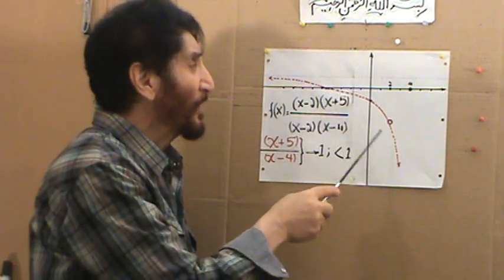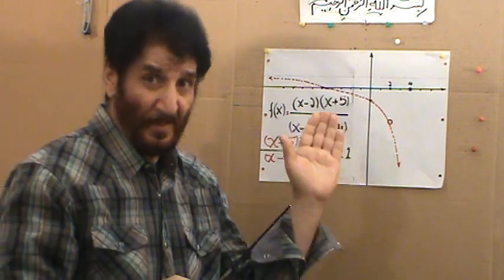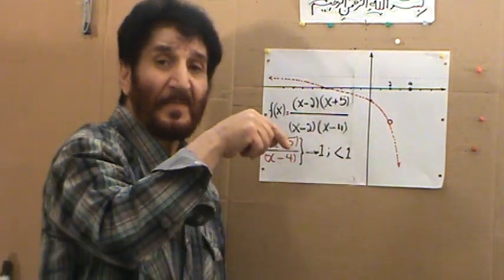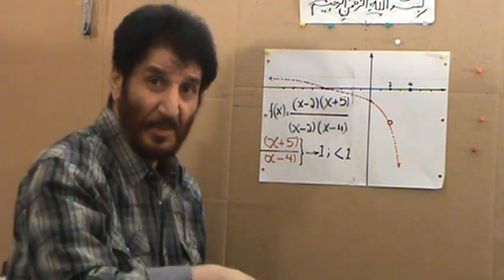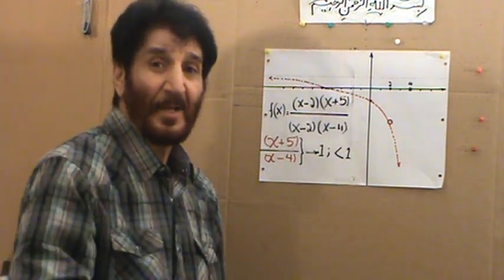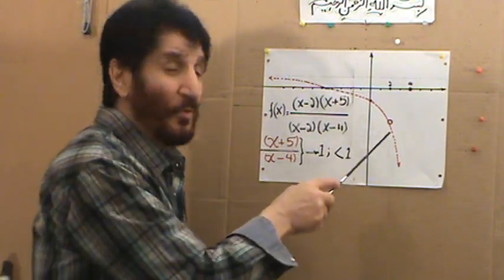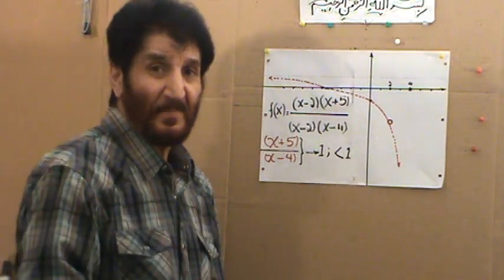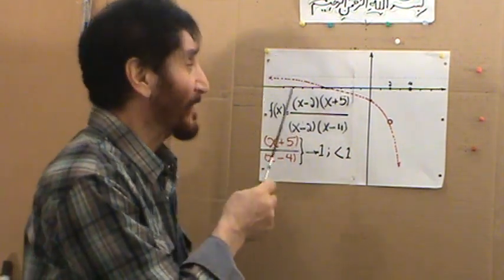Now, as we approach 4 from the left hand side, the graph of the function goes to negative infinity, goes beneath Earth and comes from the other side of the Earth out. So it goes all the way down to negative infinity when we approach 4 from the left hand side.